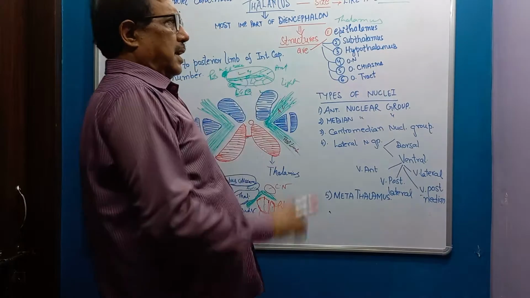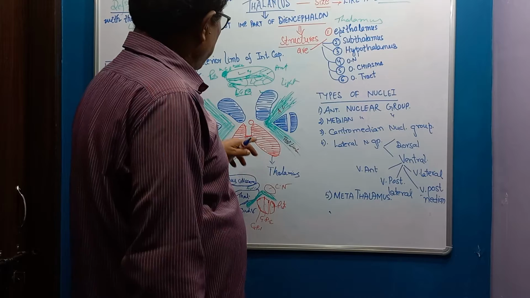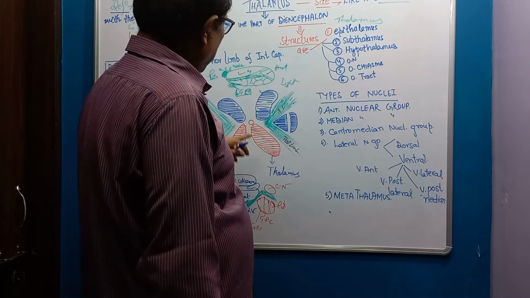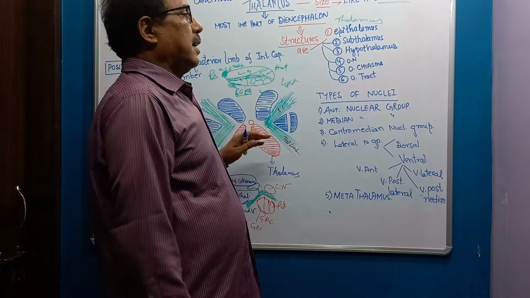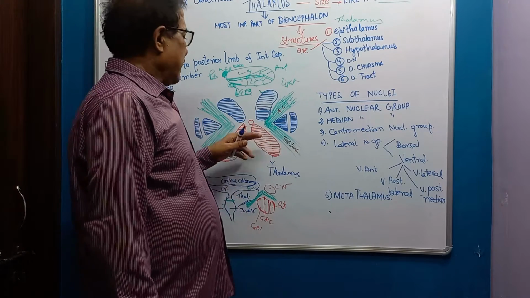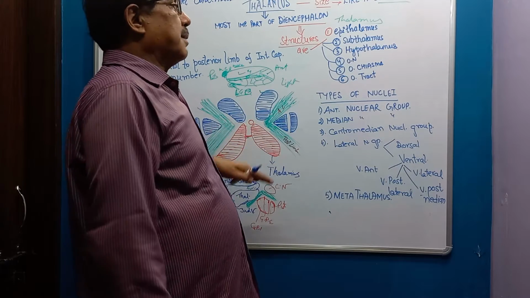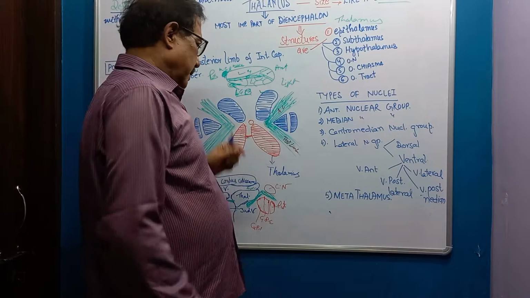Now, the relations of the thalamus. The thalamus has two poles, the upper cephalic pole, also known as the rostral pole, and the caudal pole. The rostral pole starts just behind the plane of the foramen of Monro and the genu of the internal capsule.